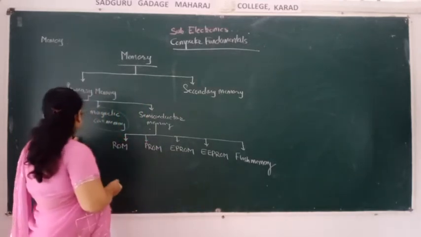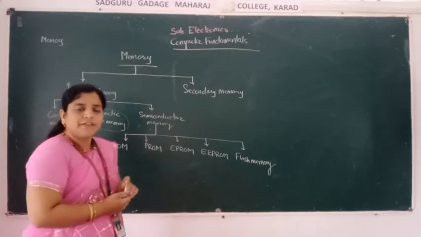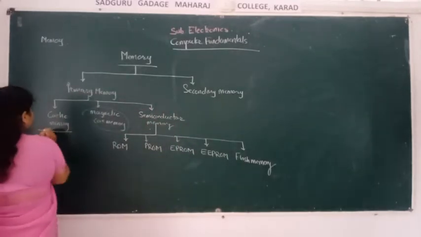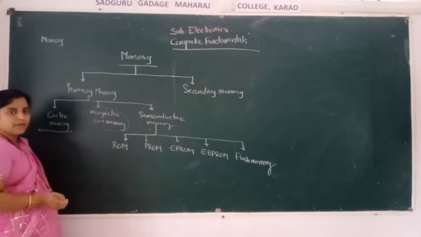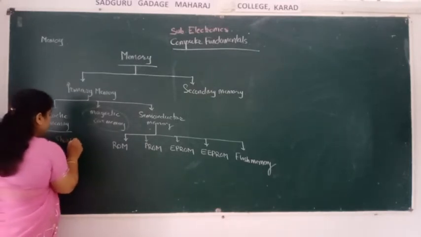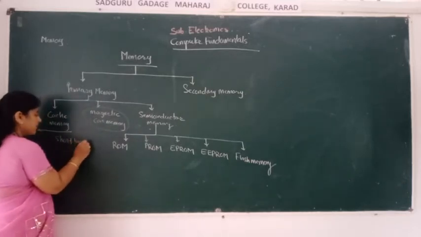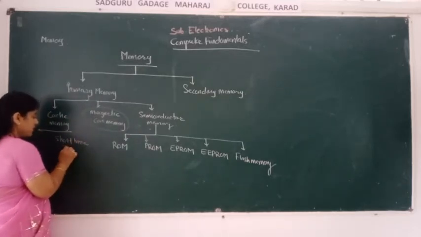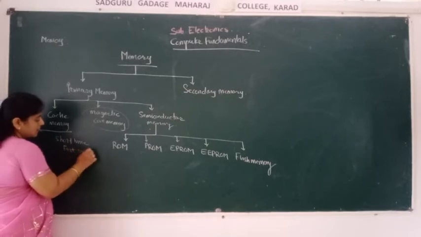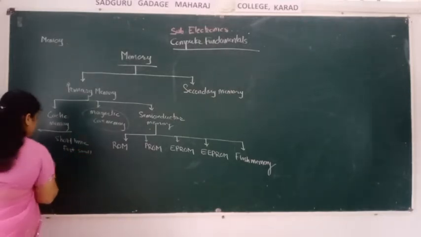Okay. So what is cache memory? It is a very fast memory, small in size, but it saves data for a very short time. It is between the CPU and the memory.